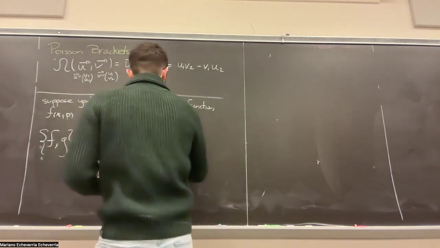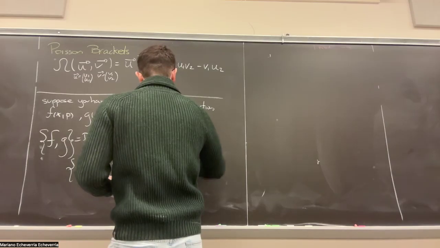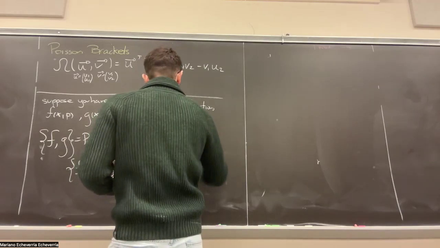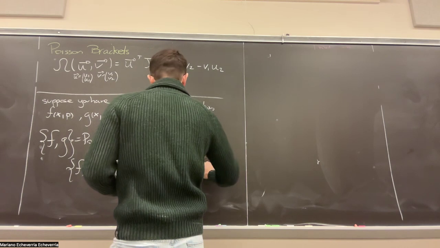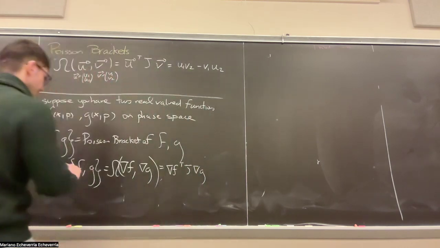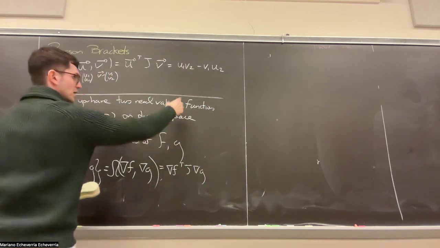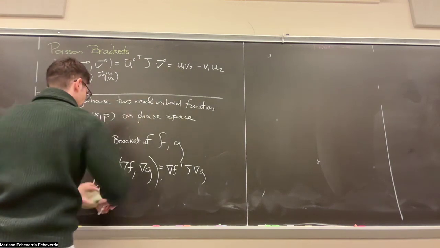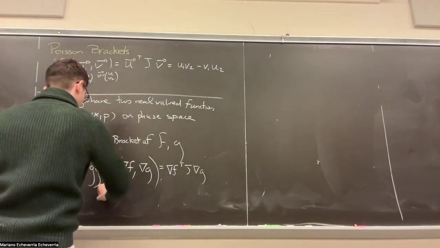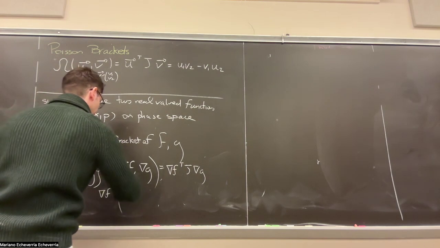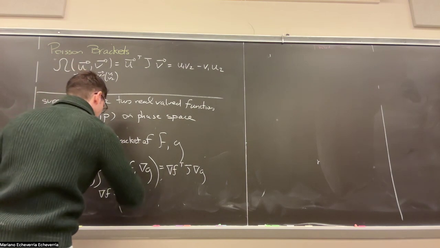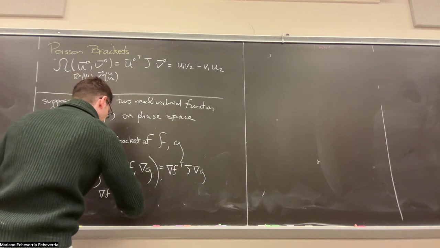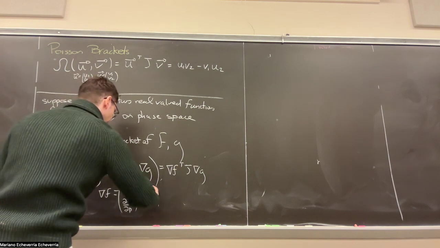In other words, the Poisson bracket is the gradient of f transpose J times the gradient of g. Or if you prefer something more explicit, the gradient is the derivative of f with respect to x, the derivative of f with respect to p, and the same for the gradient of g.